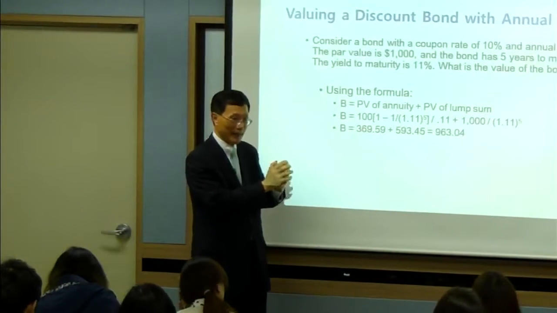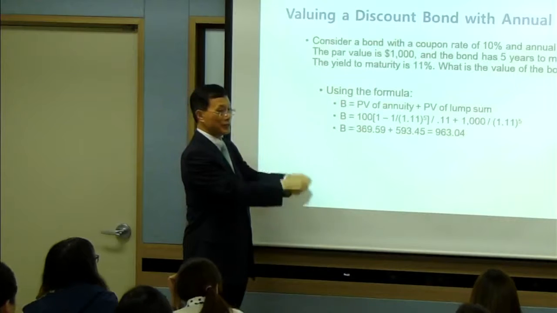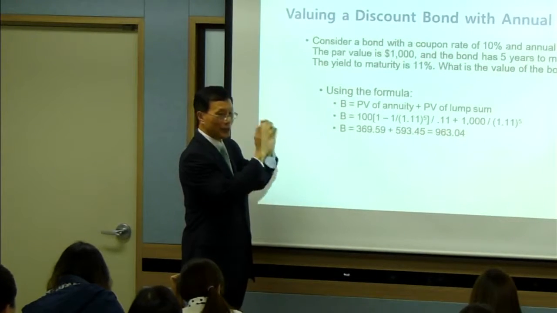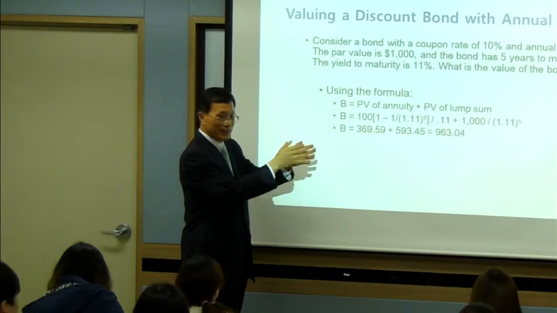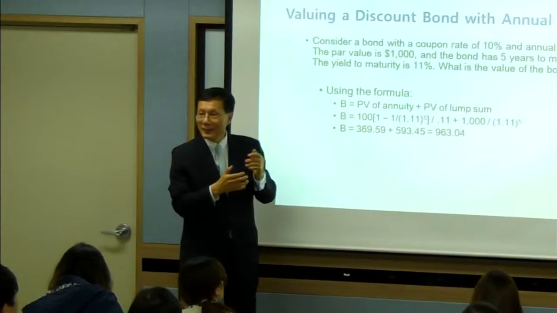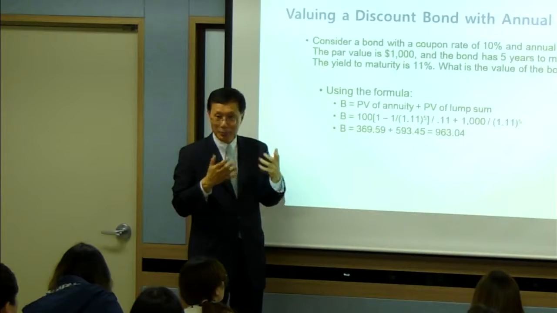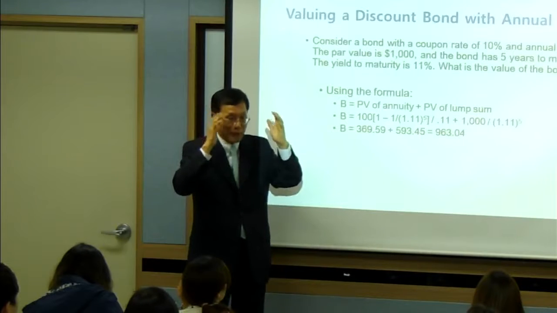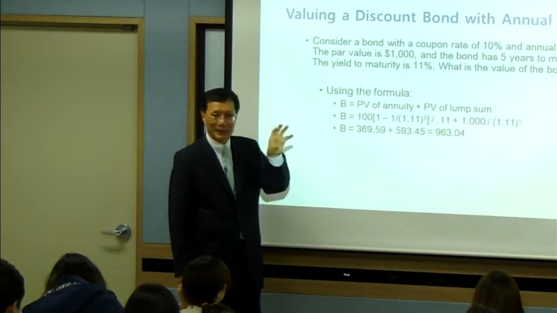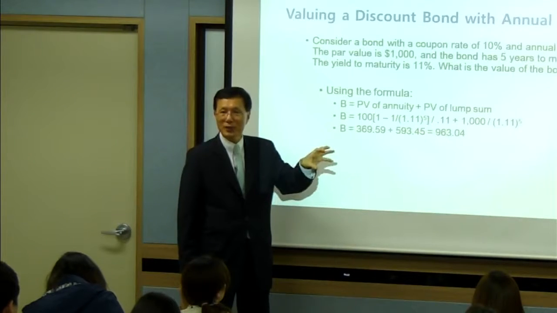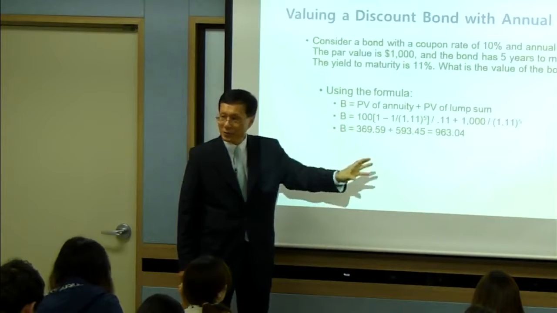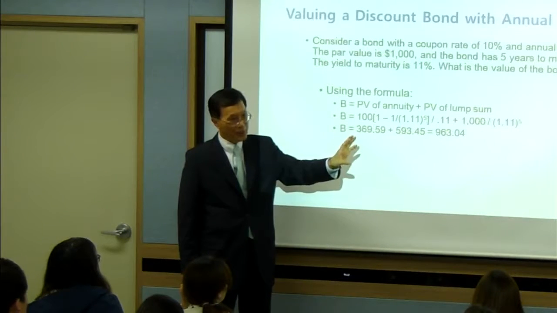That's the price you pay. Next year comes, you get 100. The following year, you also get 100, for the next 5 years. And in year 5, you get 1,000, your principal back. That's the cash flow pattern. You invest 963 and get a $100 coupon each of the next 5 years, and 1,000 face value at the end.